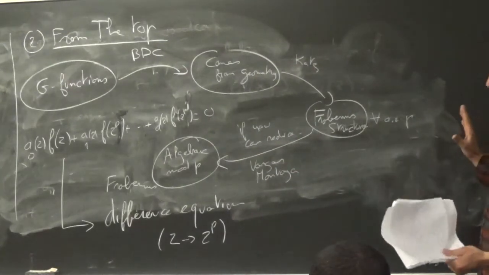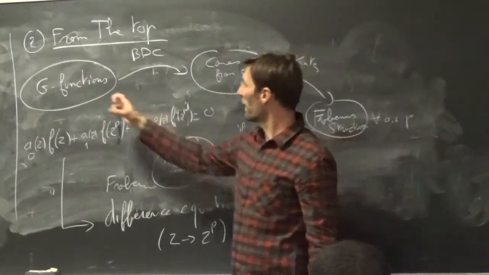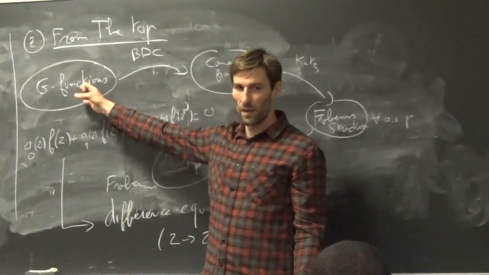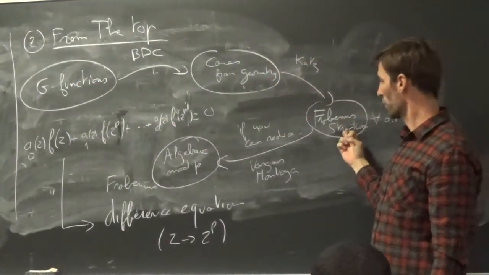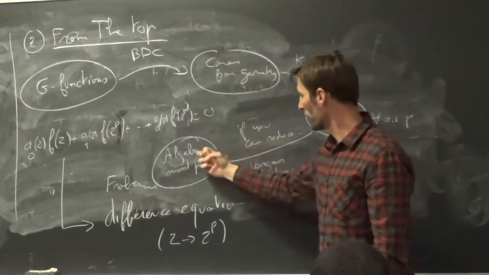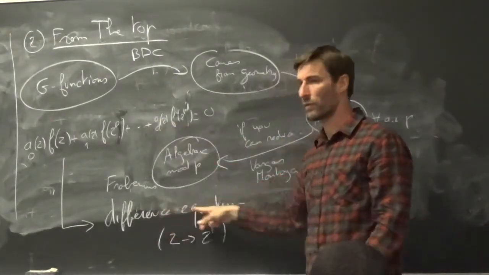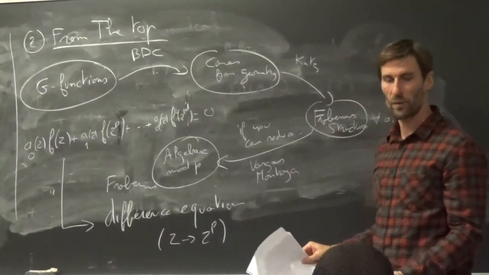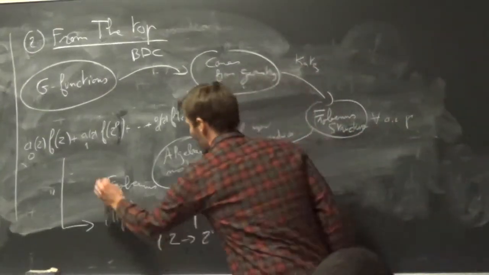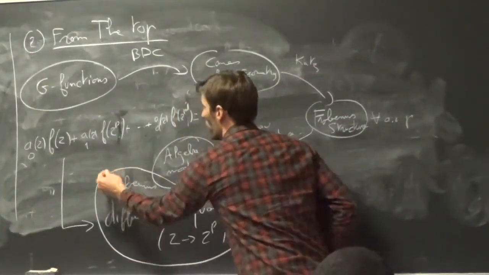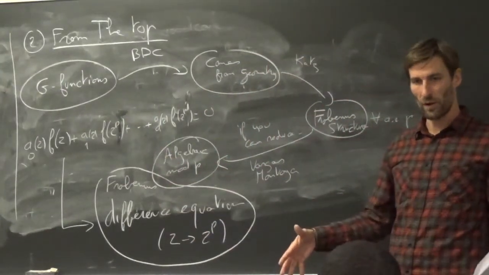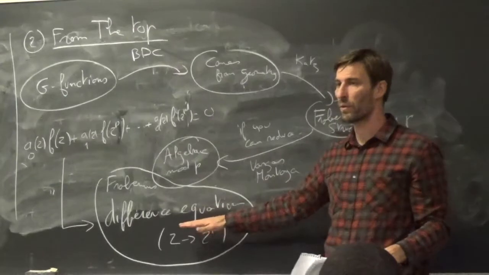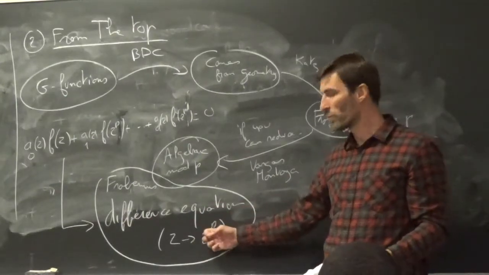So the general picture is that each time you take a G-function that comes from geometry, you get this Frobenius structure. So if you can reduce mod p, they are algebraic, so they satisfy this kind of difference equation associated with the Frobenius. Which shows you that when you start with this framework of G-functions, you not only have one differential equation, but also plenty of difference equations mod p. And this is what we are going to use.